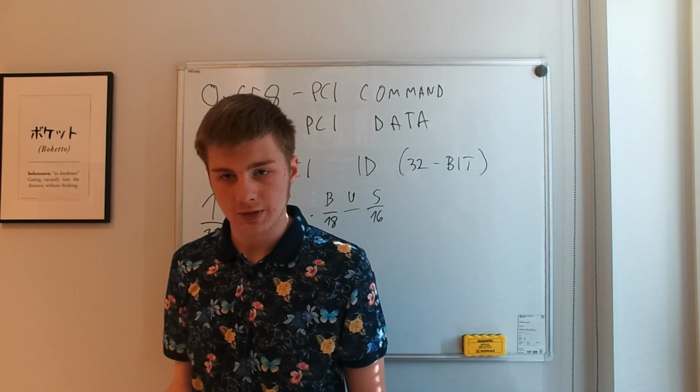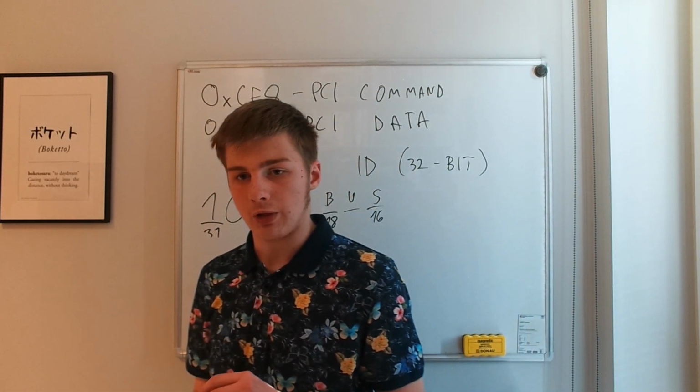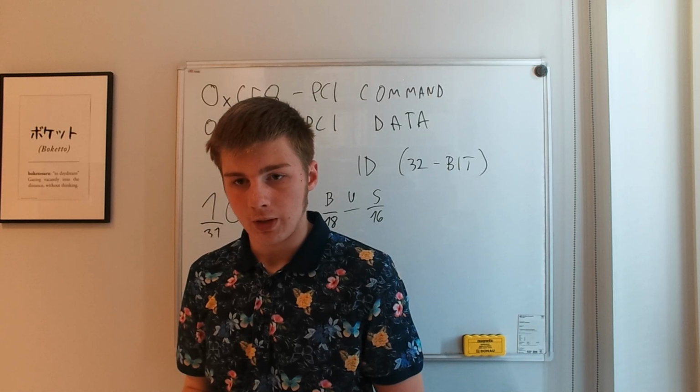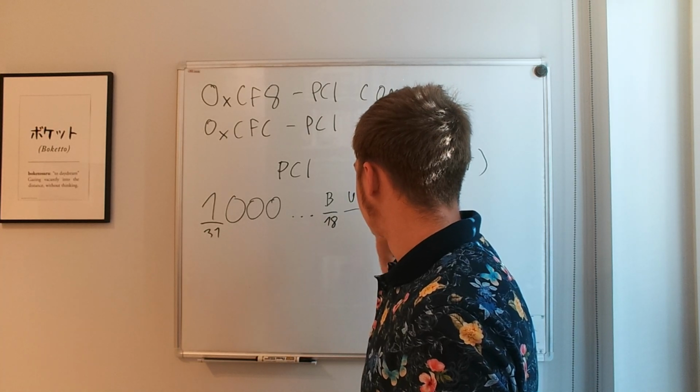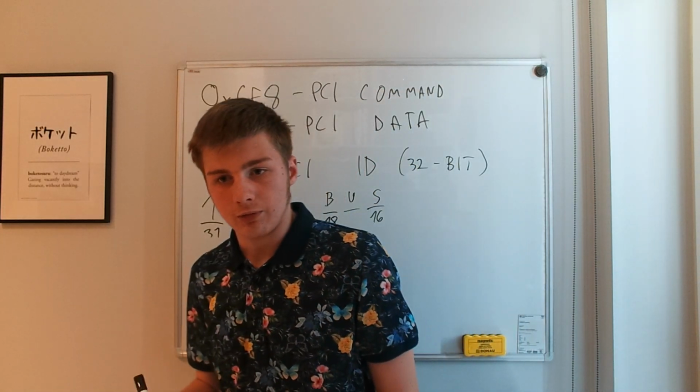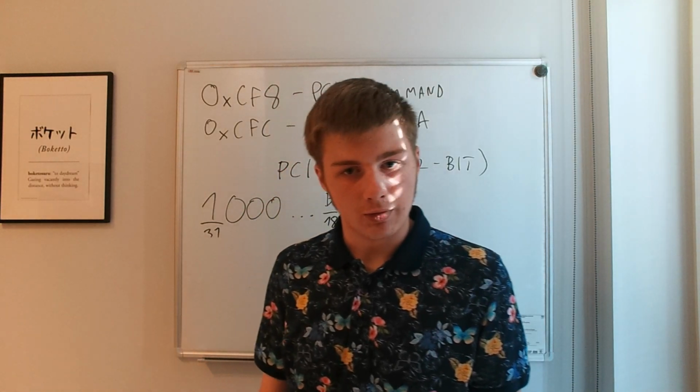So we have 8 buses, right? This means that you have values from 0 to 7, and 3 bits are enough. So you simply use these 3 bits in order to specify the bus that this device is found in.